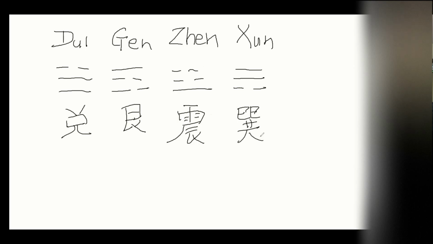Okay. Now, incidentally, if you don't know what this says, this is in the 12 branches. 子丑寅卯辰巳午未申酉戌亥. 巳 is the name. Okay. That can represent many things.